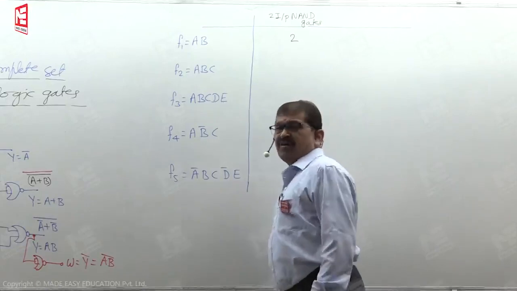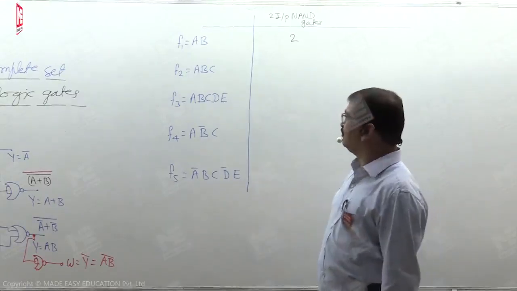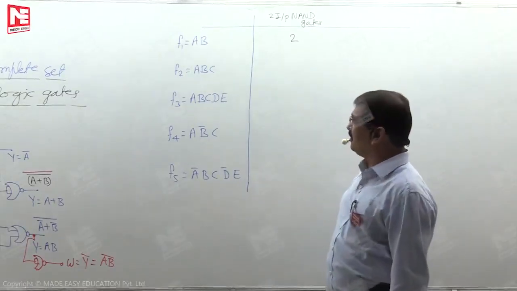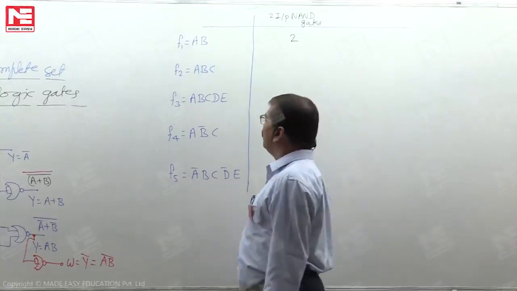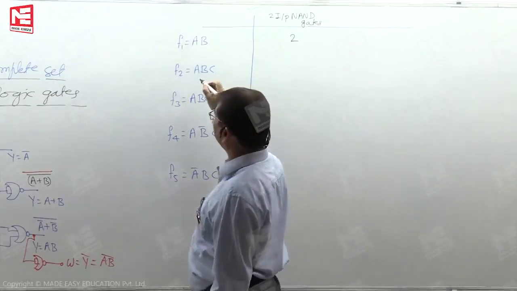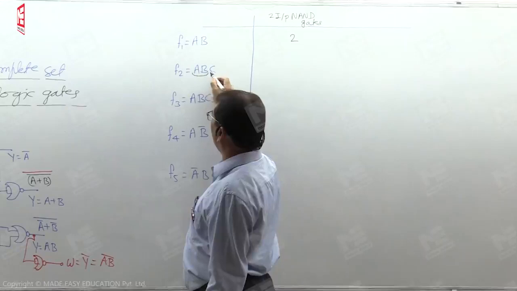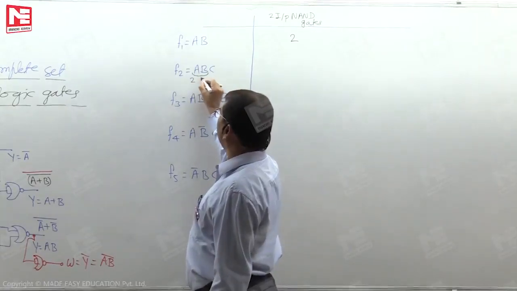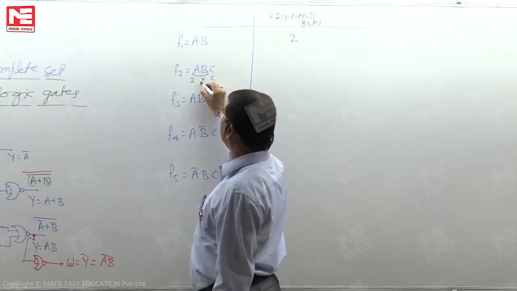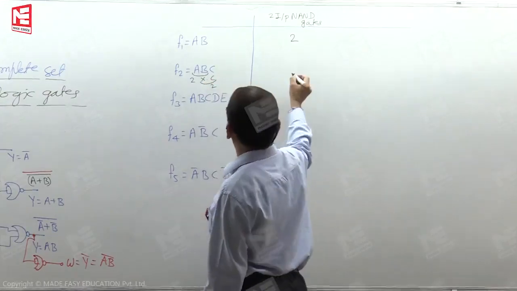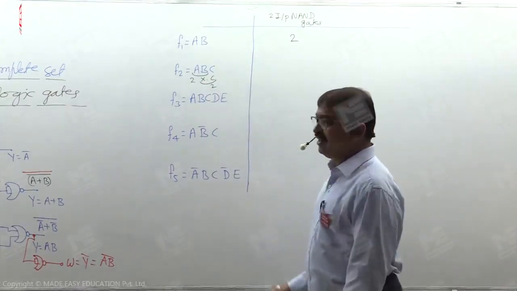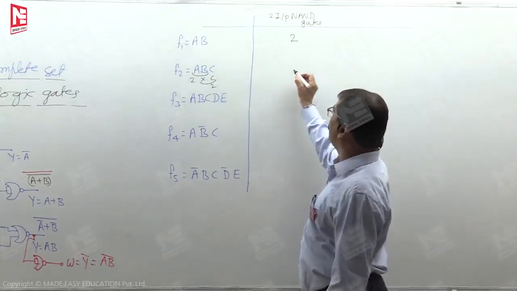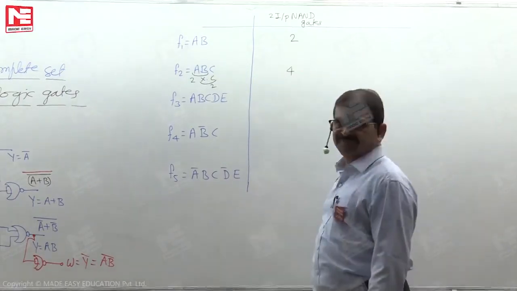Similarly, the implementation of AND operation between A, B, C, it is possible to read the answer based on our previous knowledge. For implementation of AB, we need 2. If I name it X, X and C needs 2. So for implementation of A and B and C needs 4 gates.